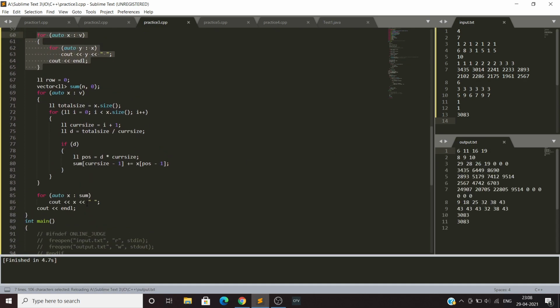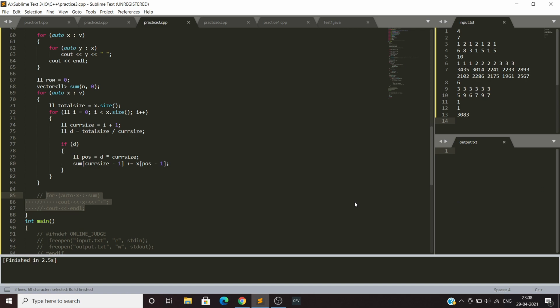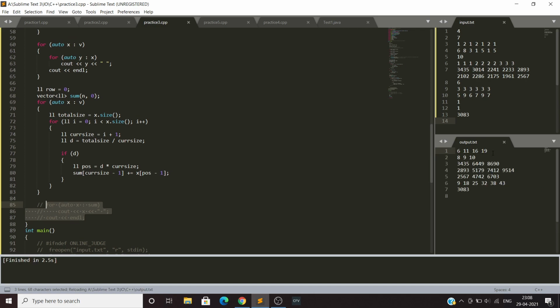So let me note the answer part. It will look like this: 19 for the sum of the first 4, for the sum of the first 3 it is 16, for the sum of the first 2 it is 11, and for the sum of the first 1 it is 6.